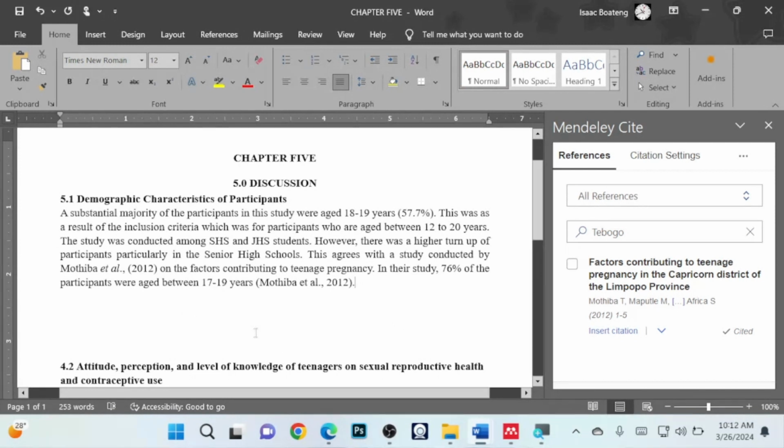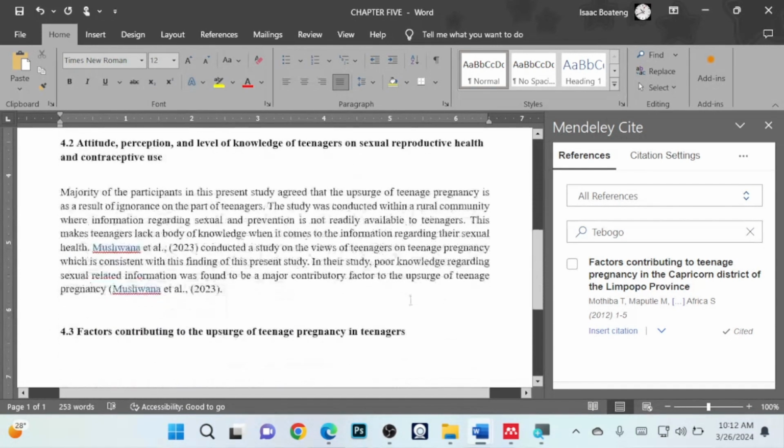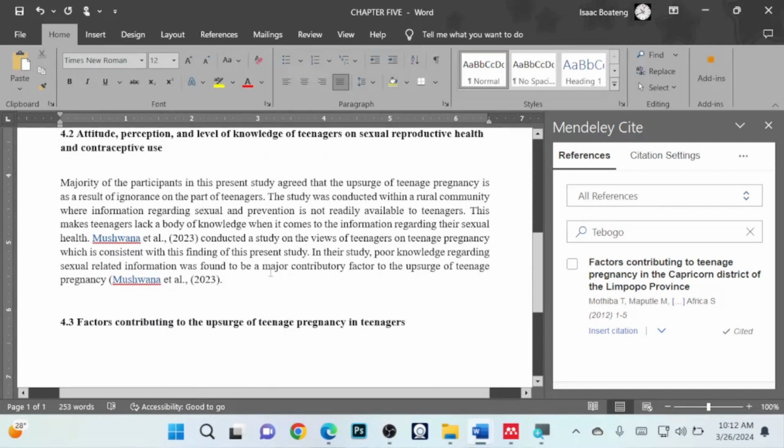This brings consistency and inconsistency, and it makes your discussion very rich. The same applies everywhere you discuss: at least find two pieces of literature. If you can't find it, then probably one will do, but at least find two, or even more. It makes your discussion stronger, gives a stronger point to what you are discussing, and makes your study very viable.